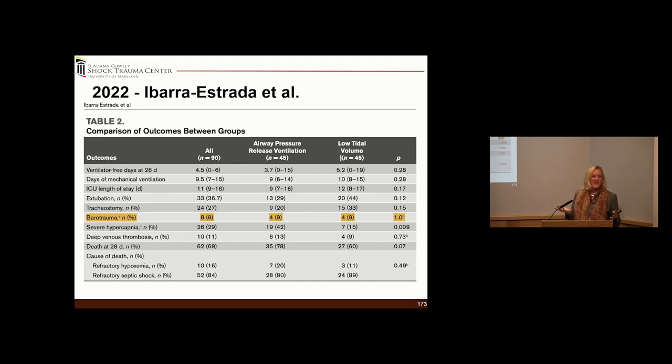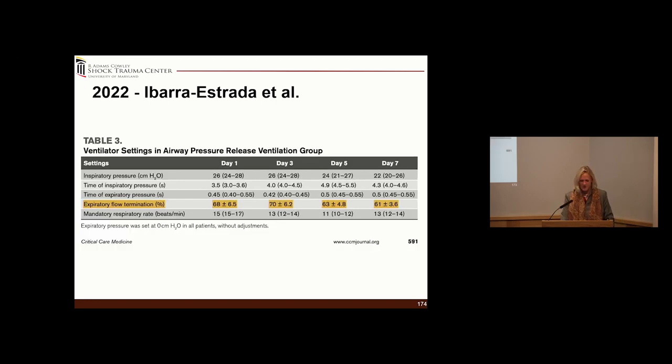Again, they're still 4 and 4, yet the study was stopped. The other thing is the T low settings, their expiratory flow termination, this is the only point at which it reached 75%.